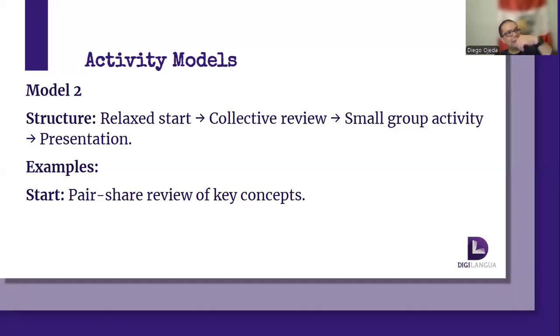It can be with a beautiful image that we project, and we can have a little conversation while we listen to that music, or we can talk about the image. It's relaxed in the sense that the students can choose a place in the classroom where they can feel a little relaxed. So 5 minutes of this relaxed start goes a very, very long way.